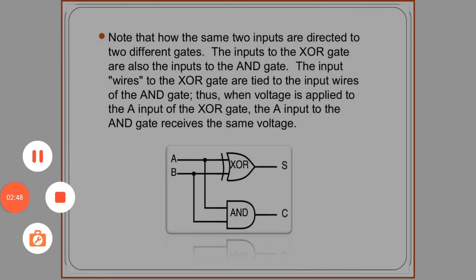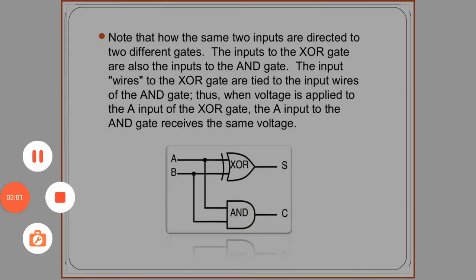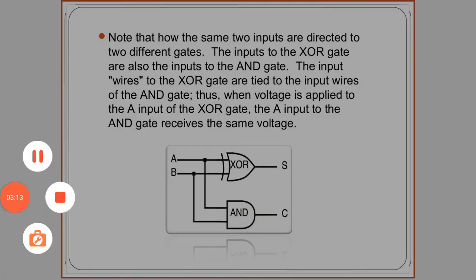The XOR gate input A is given to the AND gate first input, and the other input B is given to the second input of the AND gate. The output of the AND gate is C and the output of the XOR gate is S. XOR gate output is sum and the AND gate output is carry, denoted by C.